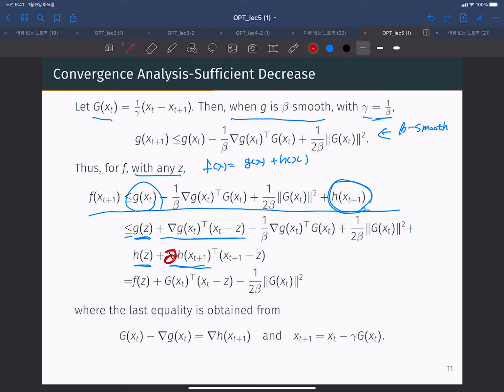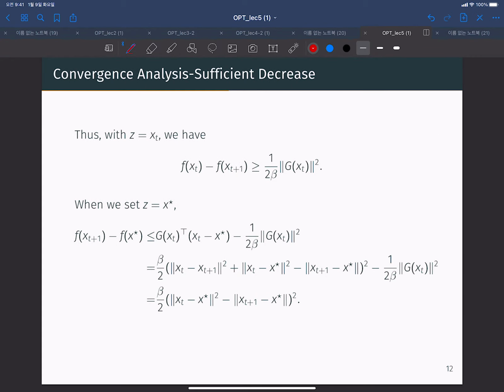Right. And from this second inequality, when you rearrange these terms, we finally have f(x_{t+1}) less than or equal to f(z) plus the generalized gradient G(x_t) transpose (x_t minus z) minus 1 over 2 beta times the generalized gradient G(x_t) norm squared. From this last inequality, we can have two very important and interesting inequalities.